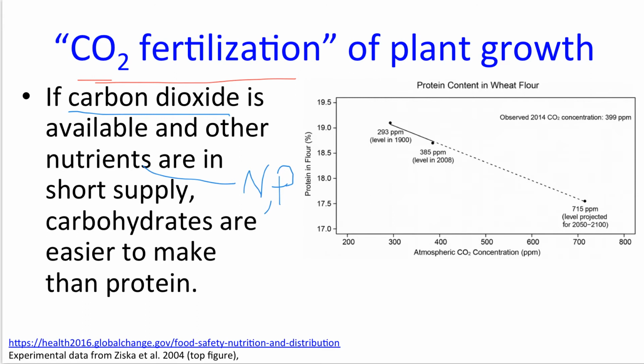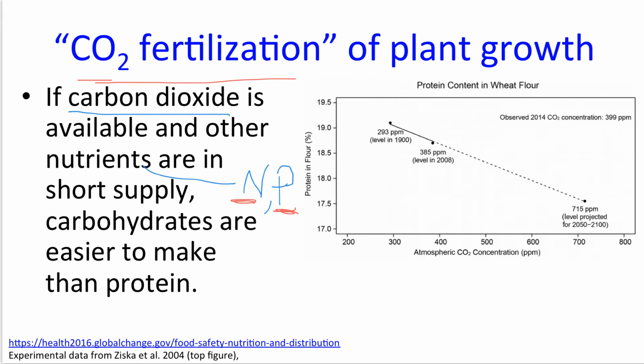If we think about a plant that has more carbon dioxide available, then it's going to be able to do more photosynthesis. If it succeeds in doing more photosynthesis, but it doesn't have more nitrogen, or it doesn't have adequate phosphorus, or some other nutrients, maybe sulfur, for example, then these other nutrients can limit the amount of protein that the plants make.